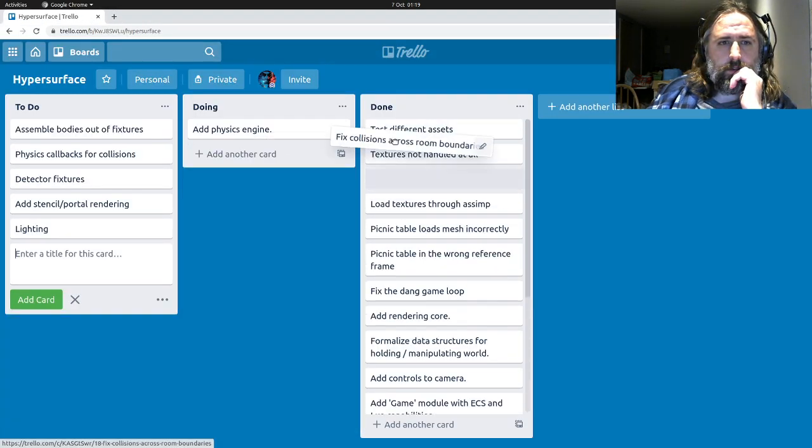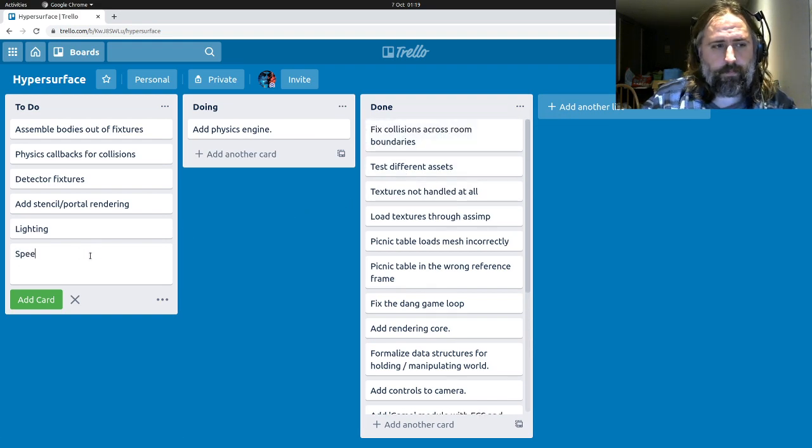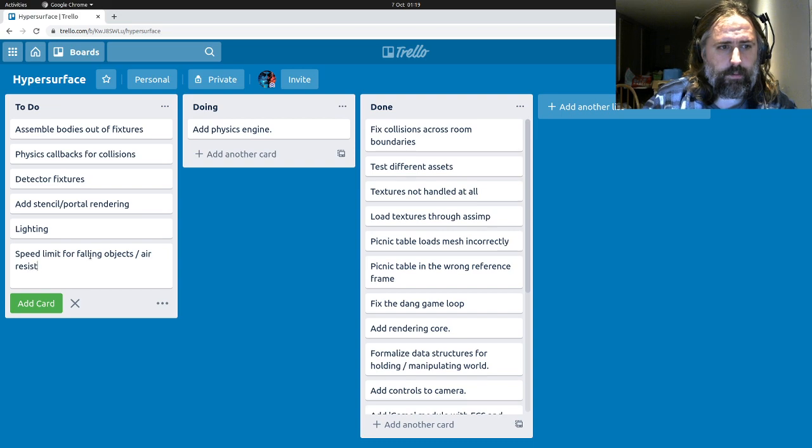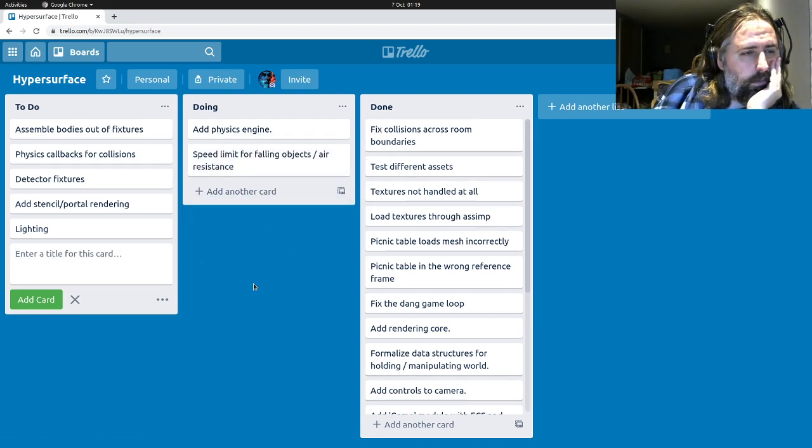Ruffles. Fixed collisions across room boundaries. That kind of works. Speed limit for falling objects, air resistance. That's what I'm working on now.